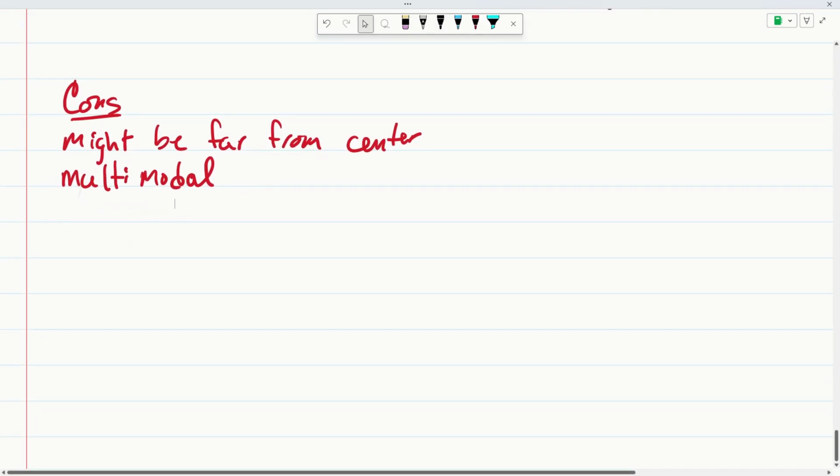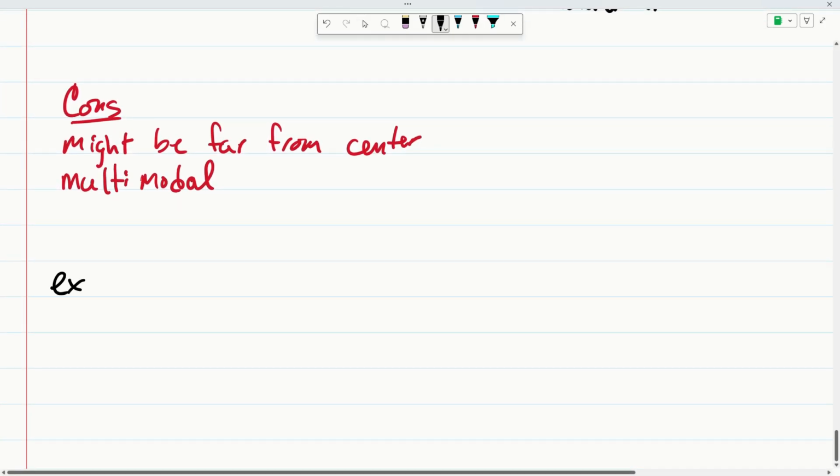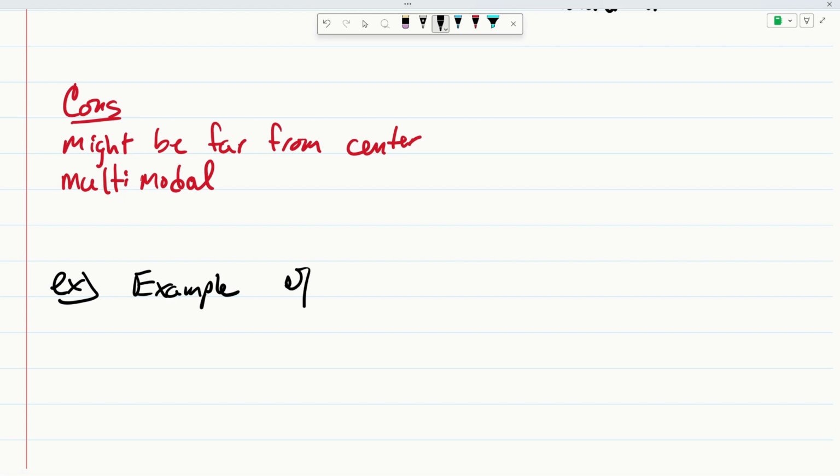All right, now, what does multimodal mean? Here's an example of multimodal.